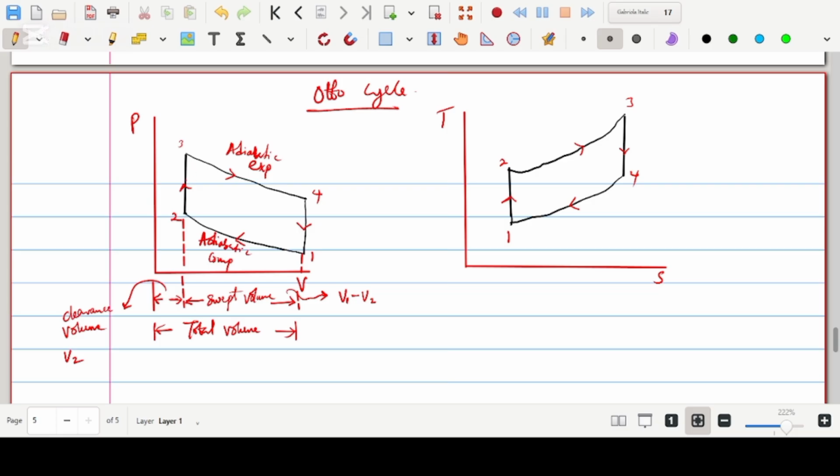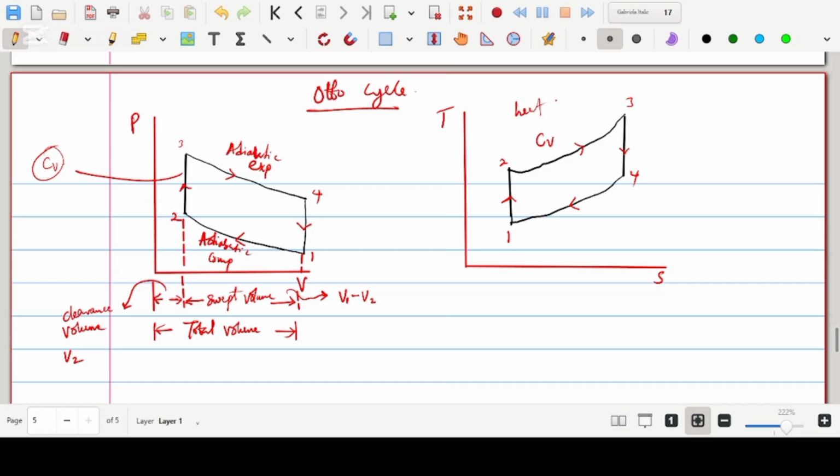Now process 2 to 3 is heat added at constant volume. A process added at constant volume is isochoric, here CV.